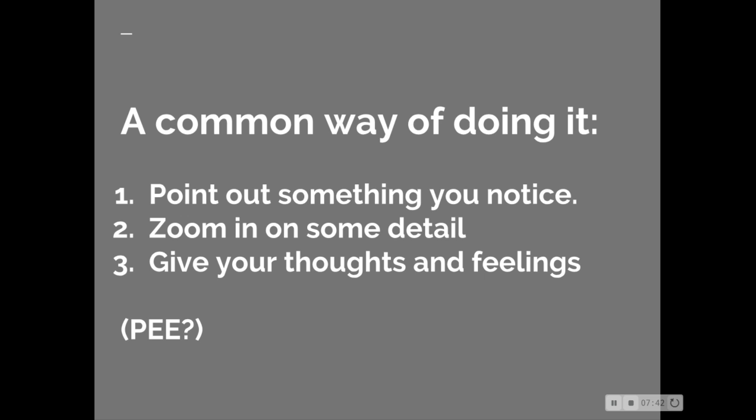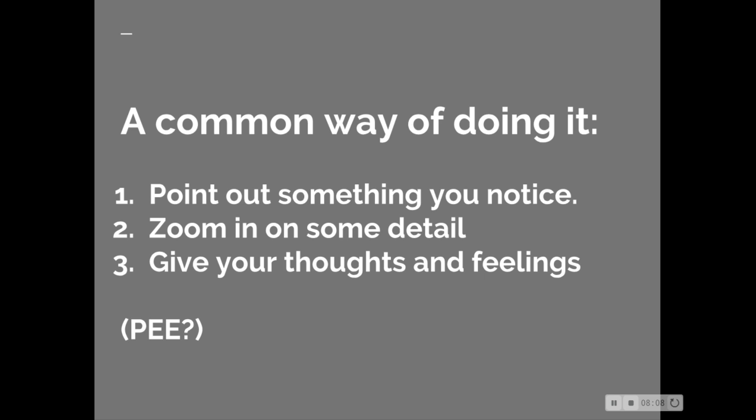So a common way of making a short little paragraph in descriptive writing is this. You point out something that you notice in the picture. Then you zoom in on some detail about that thing that you noticed. And then you give your thoughts and feelings about that thing that you noticed.